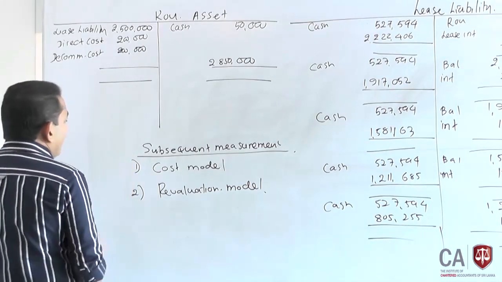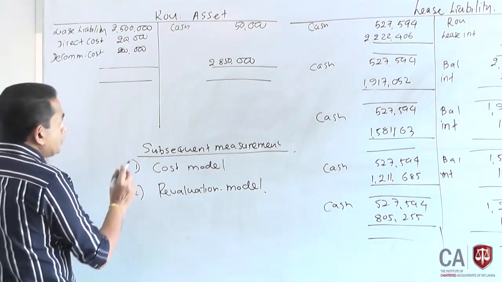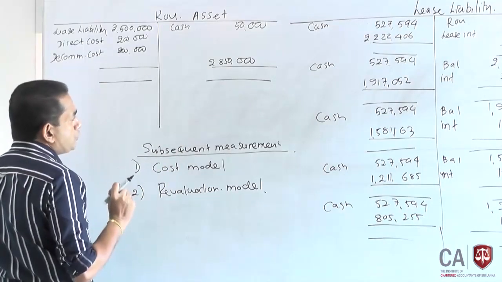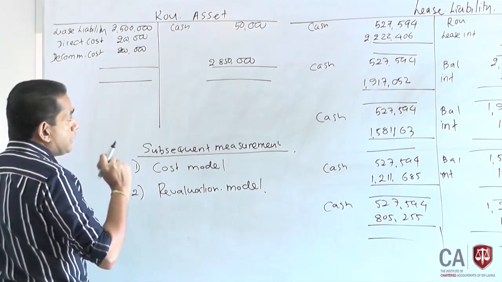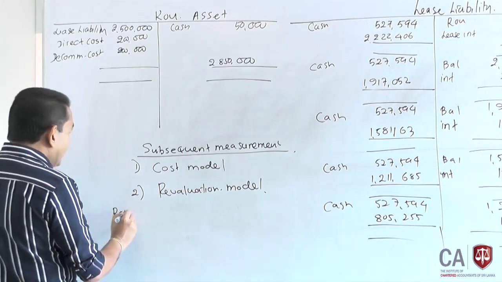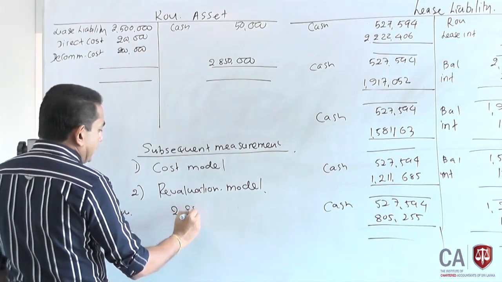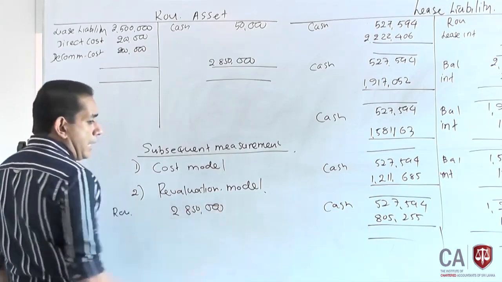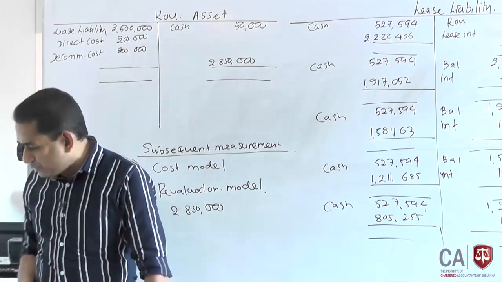So, here if I decide to apply cost model to show this asset in the balance sheet end of the first year, say ROU asset will be 2,850,000 and what has to be the lifetime of the asset?